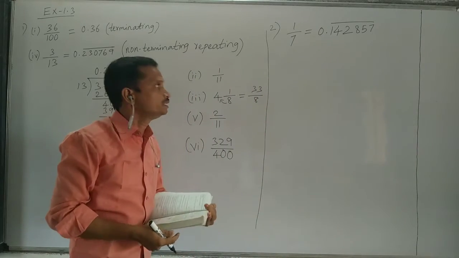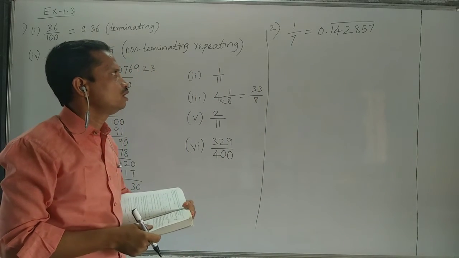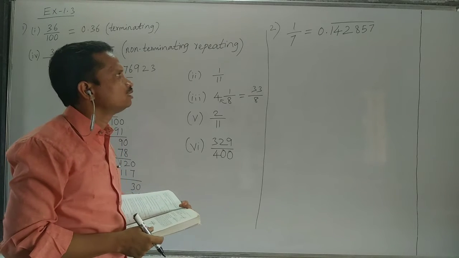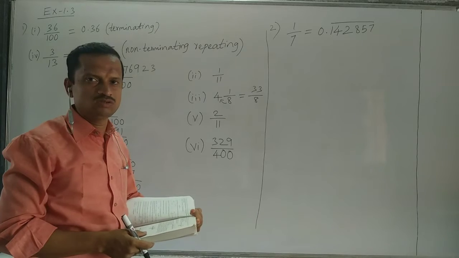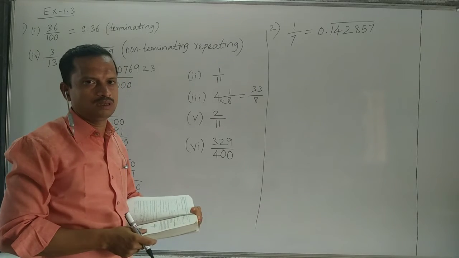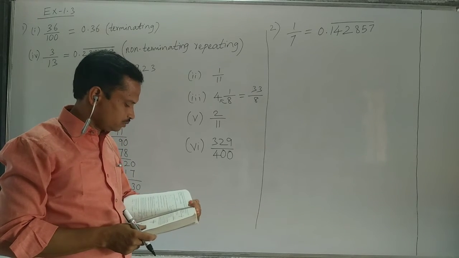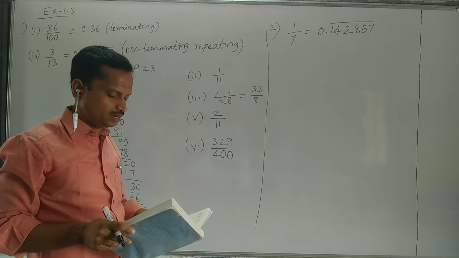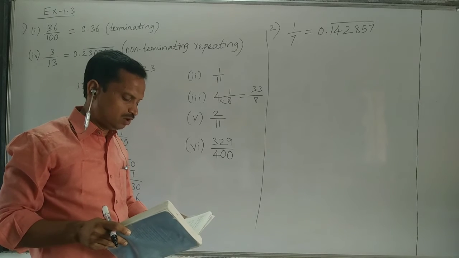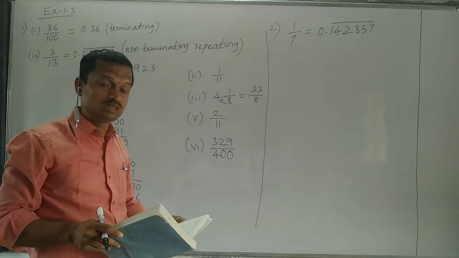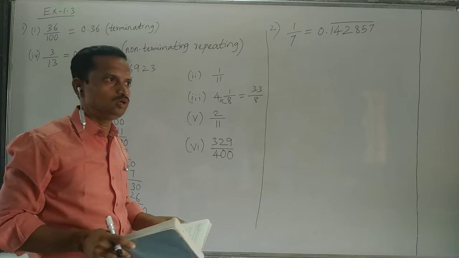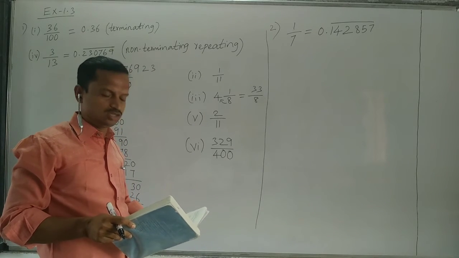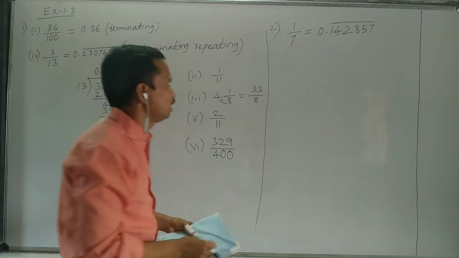It is given in the question that 1 by 7 is equal to 0.142857. It is repeating. Those 6 digits 142857 are repeating. So they put a bar upon that. And can you predict what the decimal expansions are? 2 by 7, 3 by 7, 4 by 7, 5 by 7 and 6 by 7, without dividing, without doing the long division. We have to say the answer of 2 by 7.